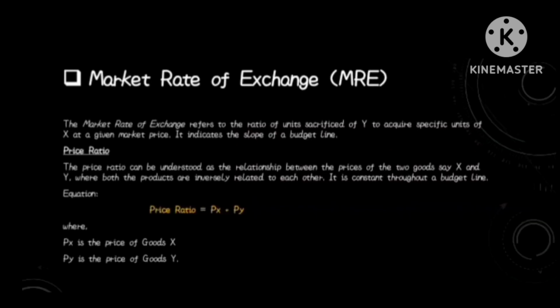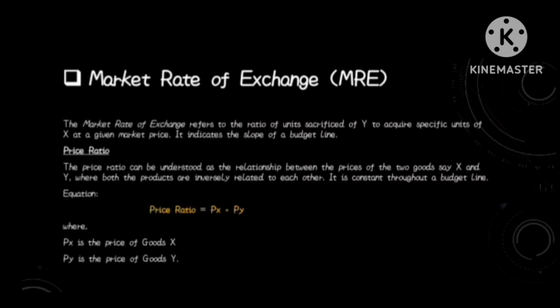Alright, so here's a concept we can discuss in the budget line: the market rate of exchange. The market rate of exchange refers to the ratio of units sacrificed of Y to acquire specific units of X at a given market price. It indicates the slope of a budget line.